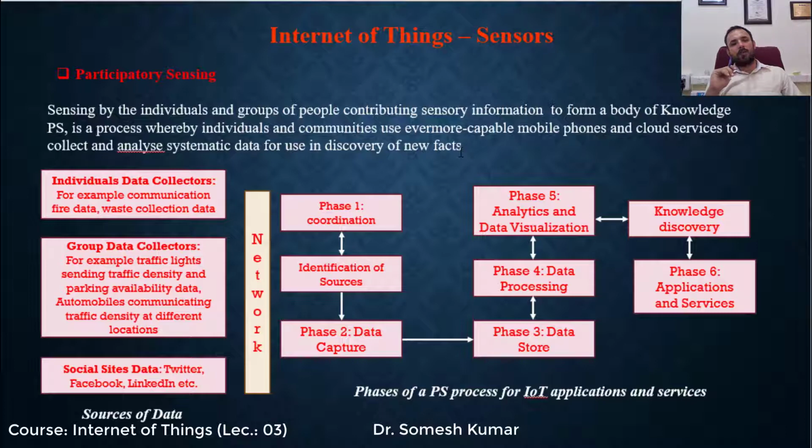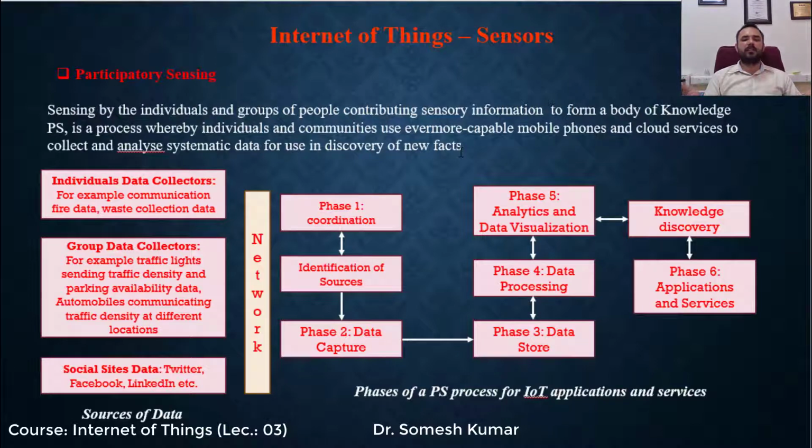The next term is participatory sensing. Participatory sensing is sensing by individuals or groups of people contributing sensory information to form a body of knowledge. Participatory means the participation of individuals or groups of people who contribute the sensory information.